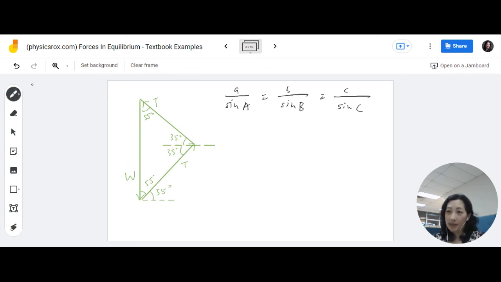So based on this triangle, let's take a first. This is T over the opposite angle, which is 55, so that's sine 55. W, the opposite angle is 35 times 2, which is 70.